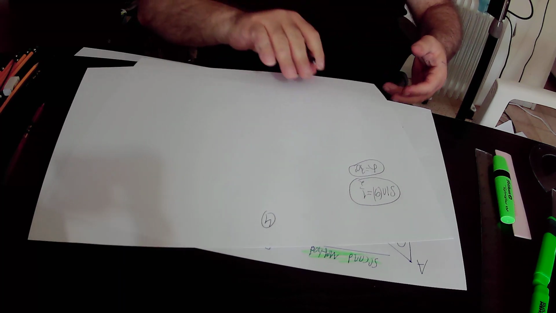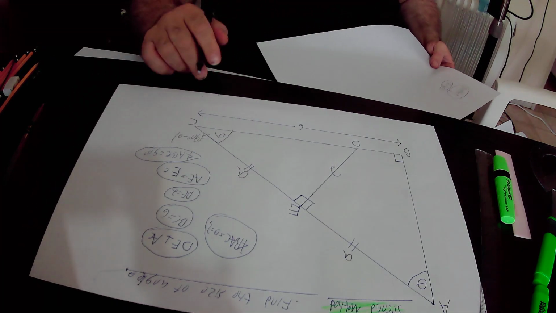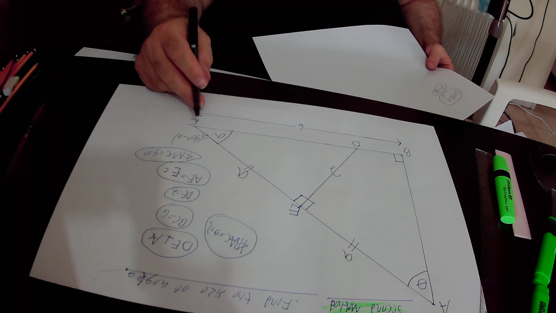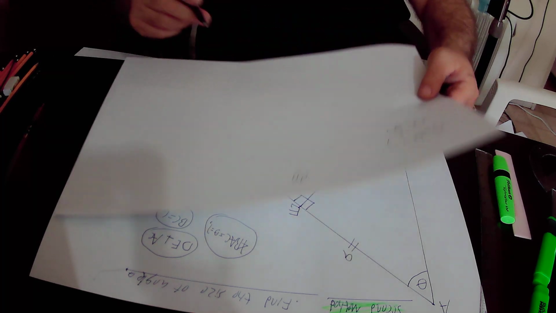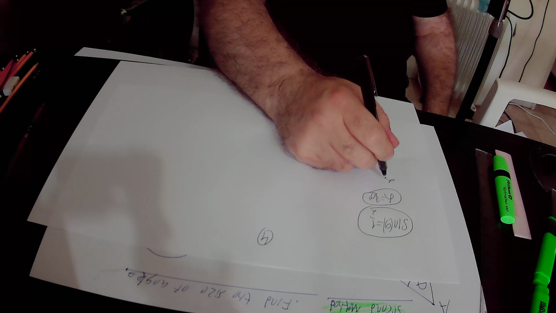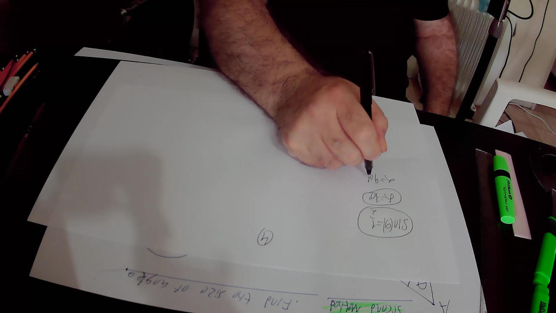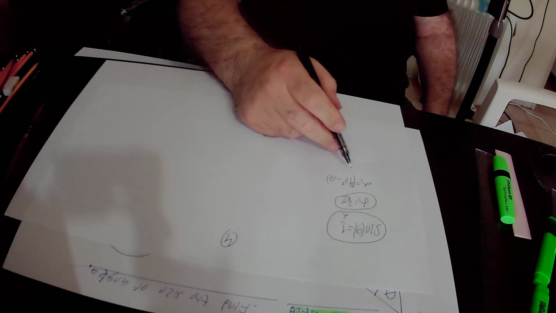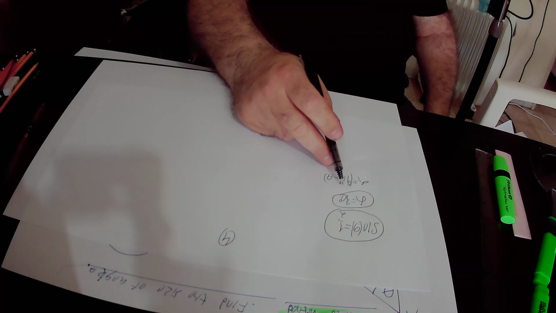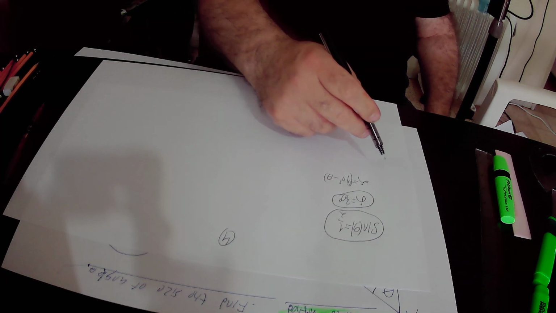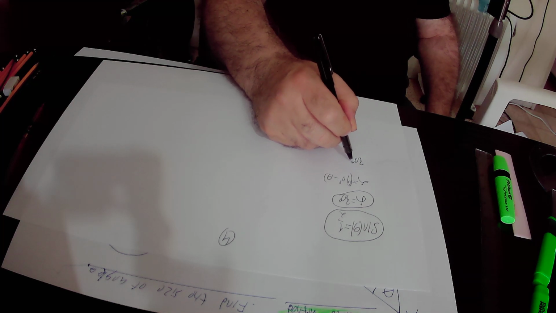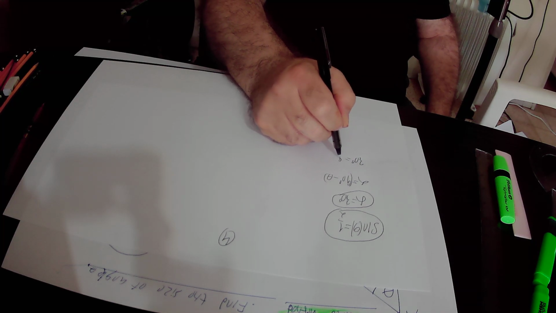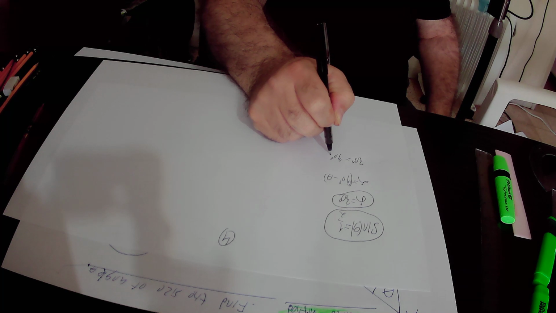And we have already found that alpha equals 90 degrees minus theta. And here we found that alpha equals 30 degrees, so we substitute alpha by 30 degrees, and we get that 30 degrees equals 90 degrees minus theta.